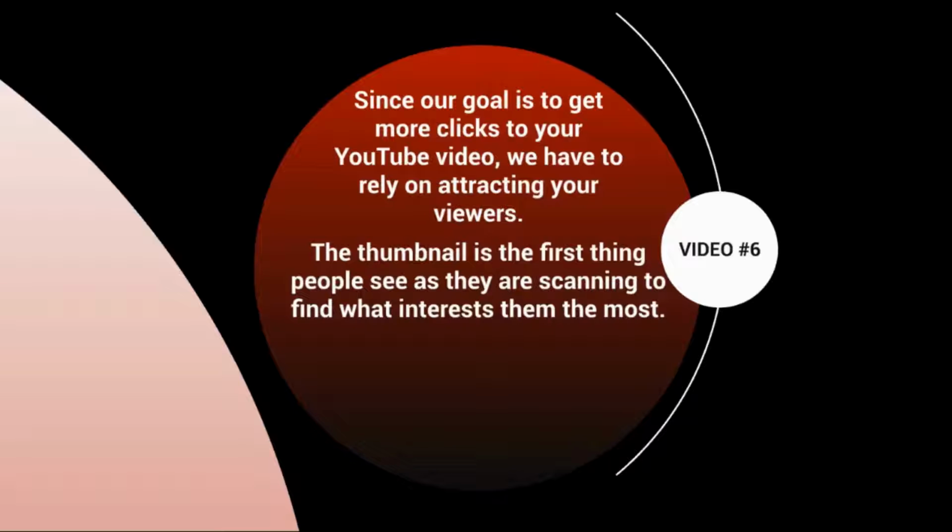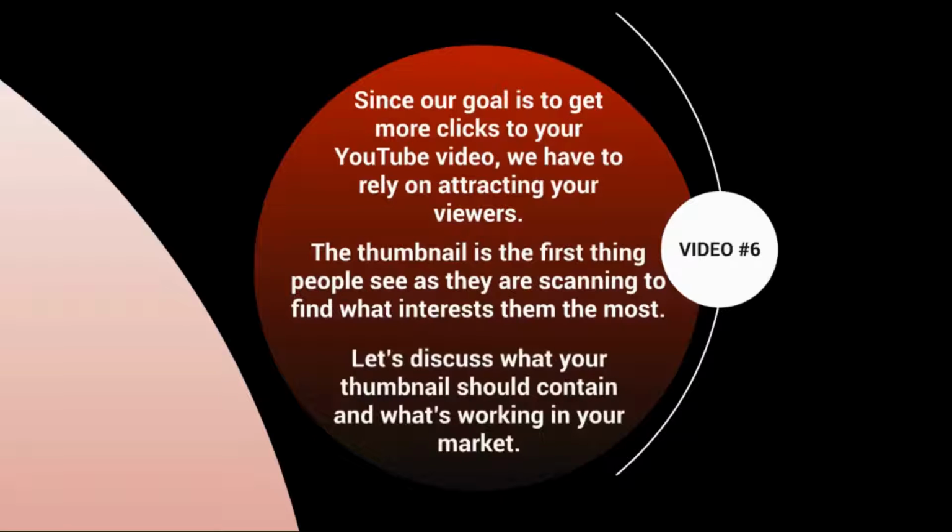If you go to youtube.com and you type in a keyword, you're going to see all the results with thumbnails, the titles, the descriptions, and all of that. So that's the first thing that they see. So let's discuss what your thumbnail should contain and what's working in your market and how to figure that out.